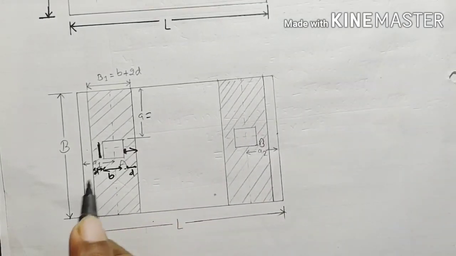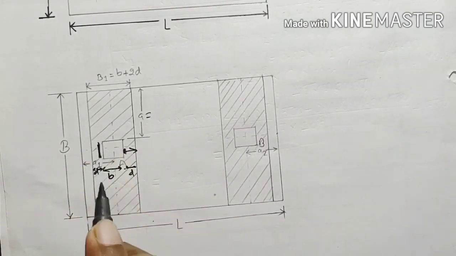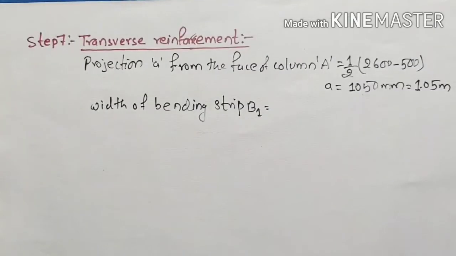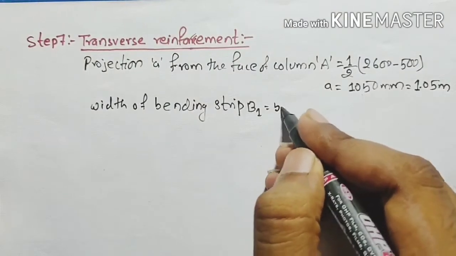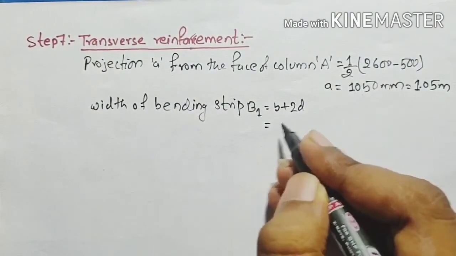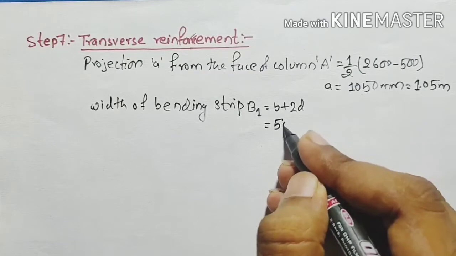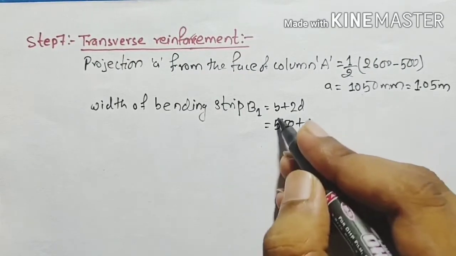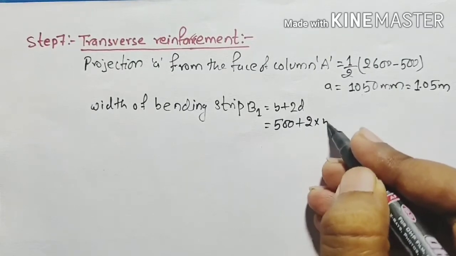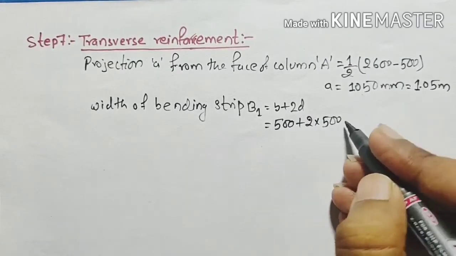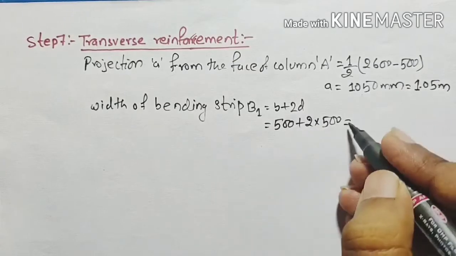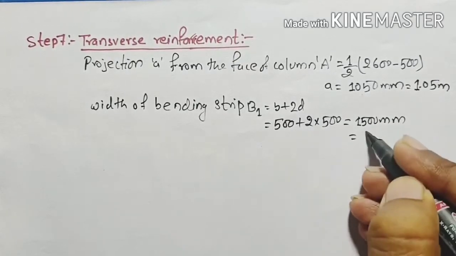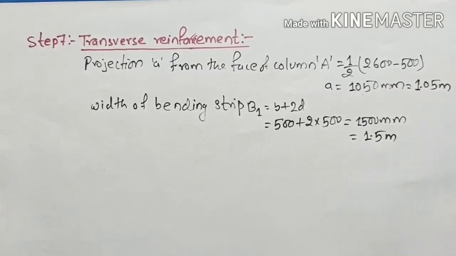So we have made a formula here, that is B1 equals B plus 2D. Let's write it down here. B1 will be equal to B plus 2D, and we need to put the value, that is B equals 500 plus, as the width of the column A is 500 millimeters, so 2 into the depth of the footing, which is 500 millimeters, so we will get all together 1500 millimeter or 1.5 meter.